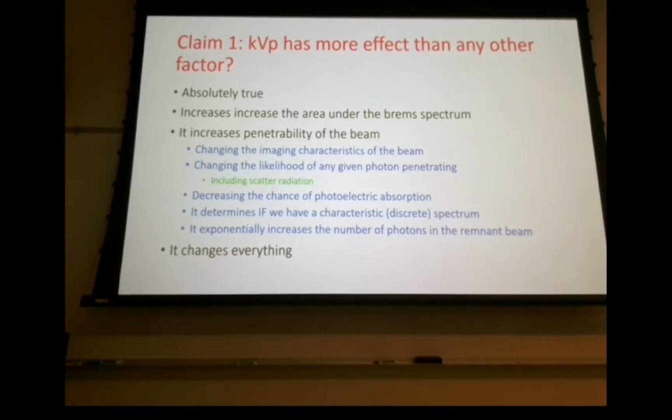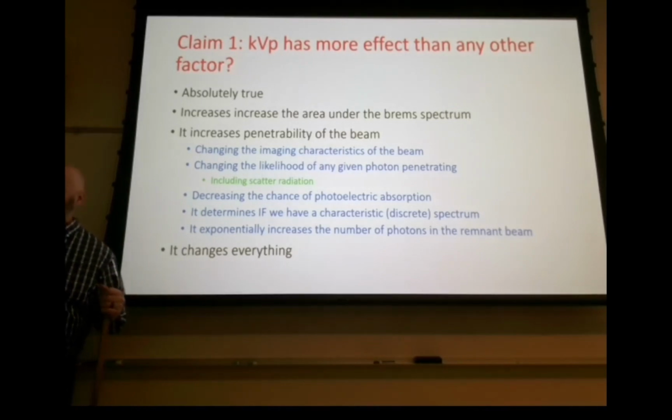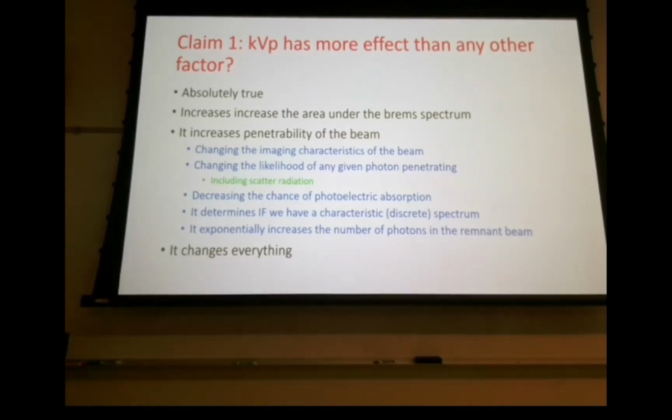It determines if we have a characteristic spectrum, remembering that we only catalog that inner shell characteristic X-ray creation at 69.5 kVp. And it exponentially increases the number of photons in the remnant beam. We're going to talk about that in a minute. So this is a summation of that whole slide: it changes everything.